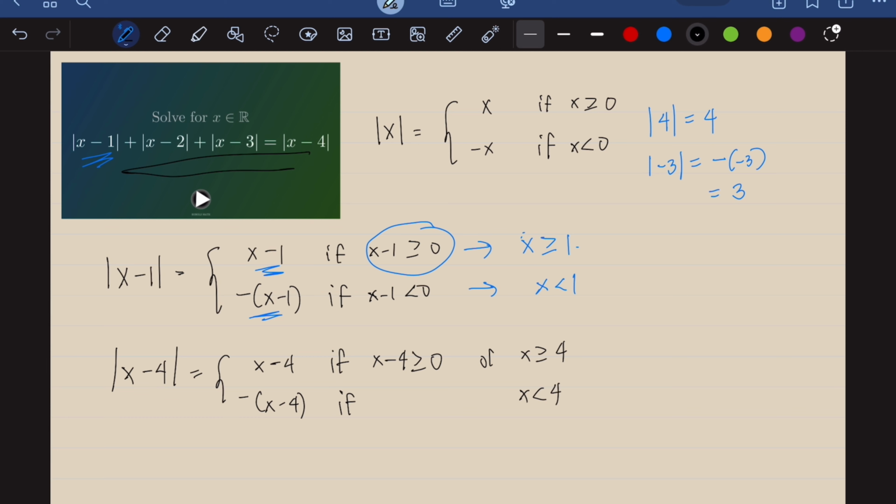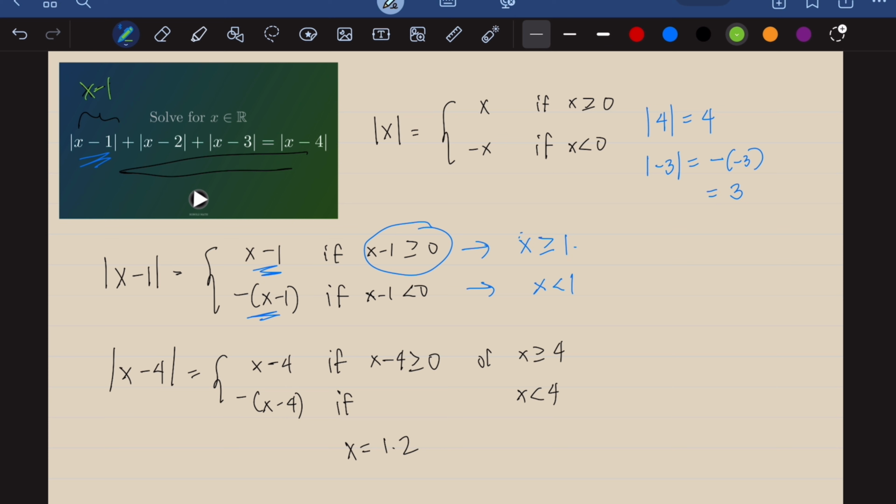For example, let's say x is equal to 1.2, which is between 1 and 2. If x equals 1.2, then this expression will be x minus 1 because its value is greater than 1.